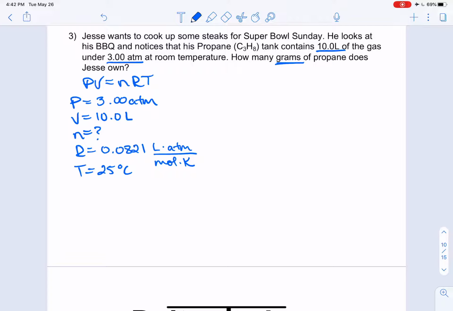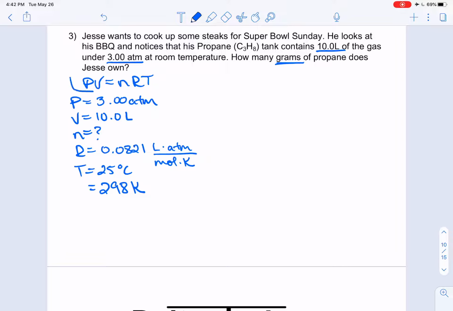Whether it's 25 degrees Celsius in the room you're sitting in or not doesn't matter. Room temperature in science is 25 degrees Celsius. And what we do is we add 25 degrees to 273 degrees because that's how we get to Kelvin. And when we're working with gases, we need to be in Kelvin. And that gives us 298 Kelvin.